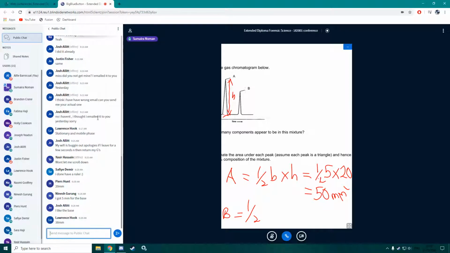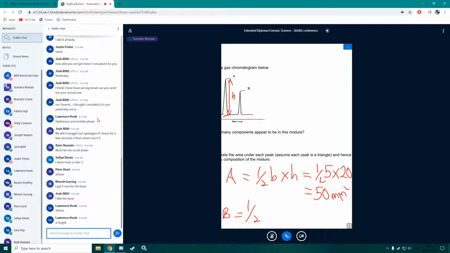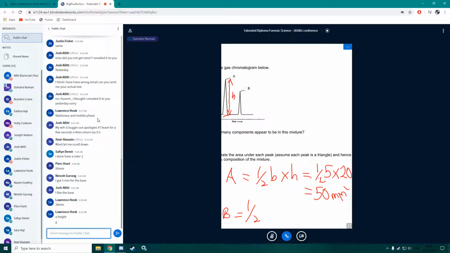So anybody done the base for B? What is that, Lawrence? 38. So I'm lost, Lawrence. The height for A. Oh, okay. So it's not 20. No, it is.